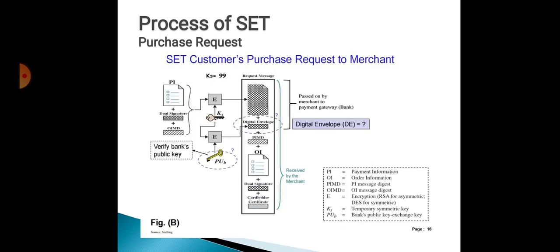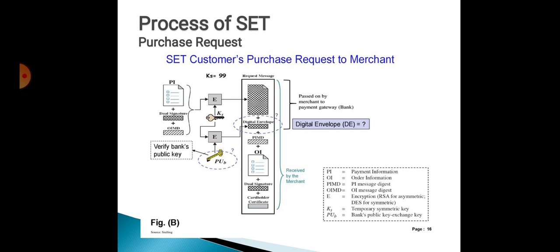You can see the whole diagram: PI, digital signature, OIMD, and the bank's key. This is encrypted with the RSA key and sent as a request message with the digital envelope, with the dual signature, cardholder certificate, PIMD, and passed through the merchant to the payment gateway.